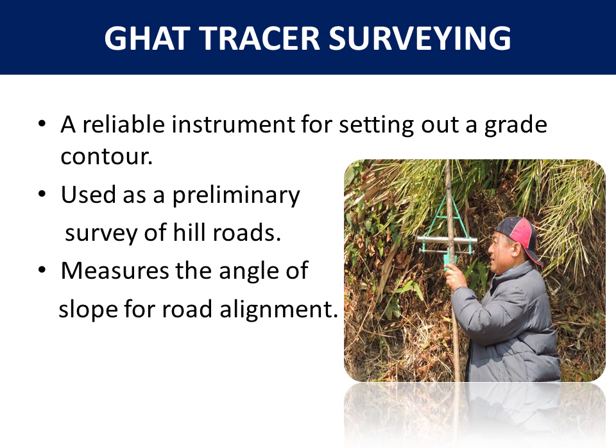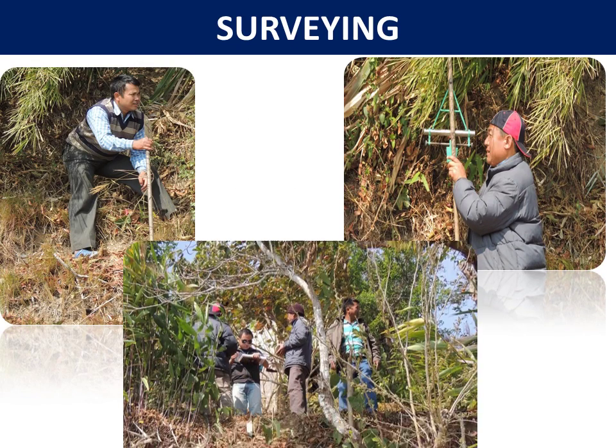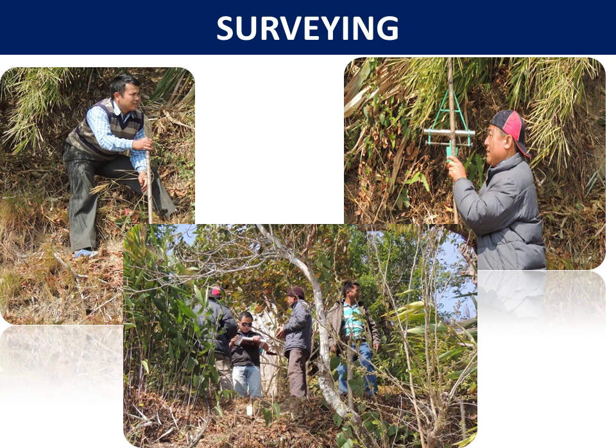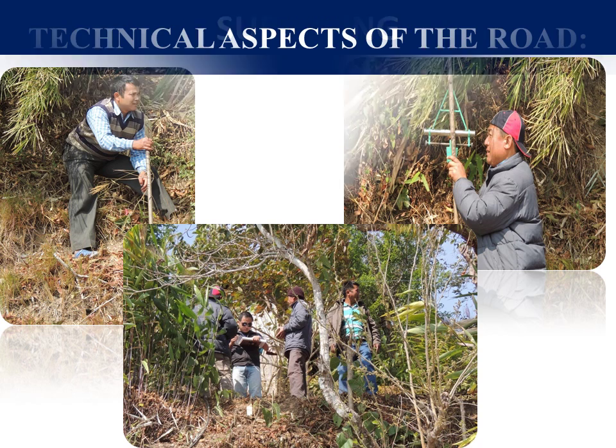These are the pictures of our supervisors carrying out the surveying with instrument for setting out a grade contour. Furthermore, pictures show the hilly terrain wherein the road has to be made, as well as the work carried out.